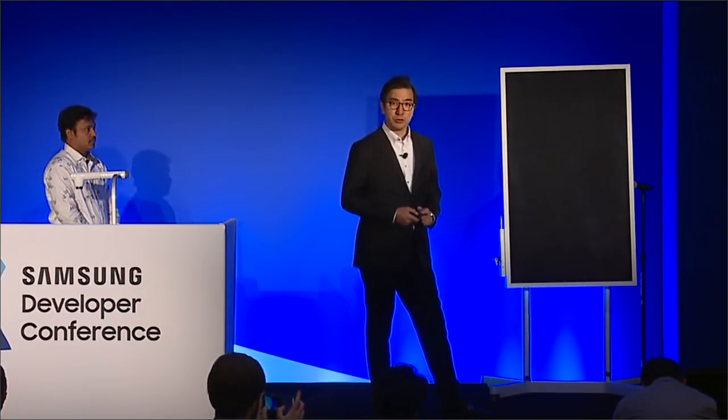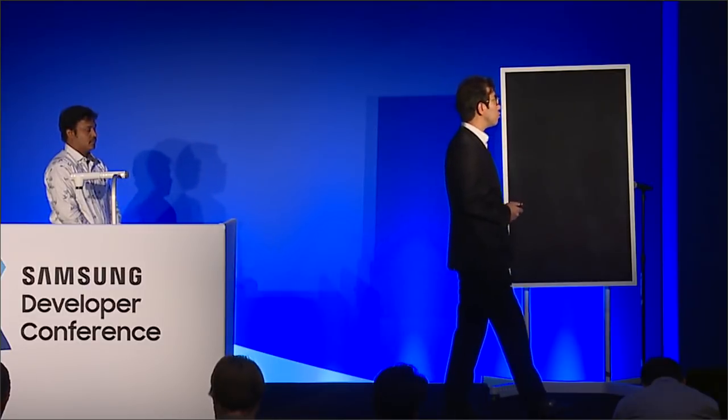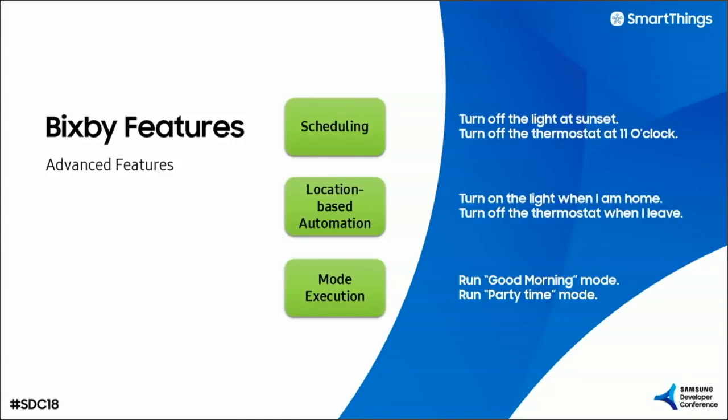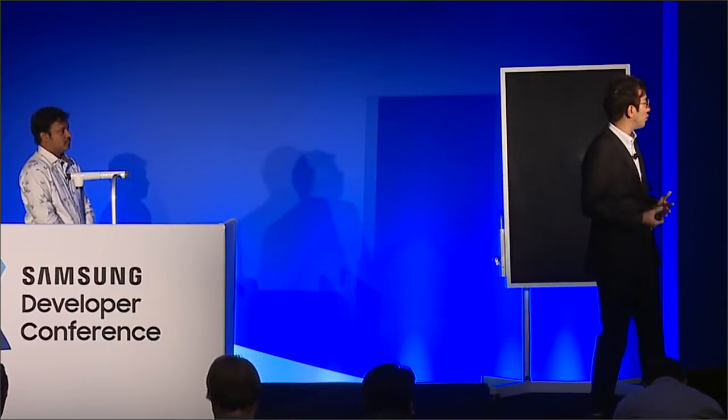Besides these features, we also provide more advanced ones, like scheduling, location-based automation, and mode execution. We already provide this automation in the app, but sometimes you feel it is difficult. So you can set up this automation much more easily using your voice.